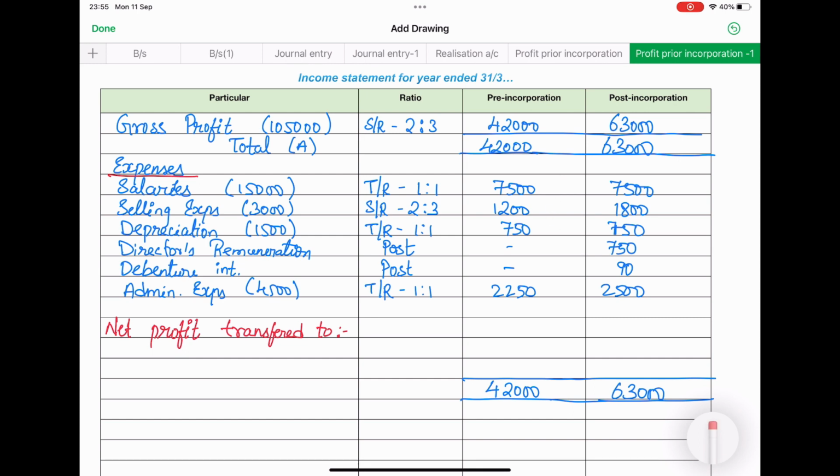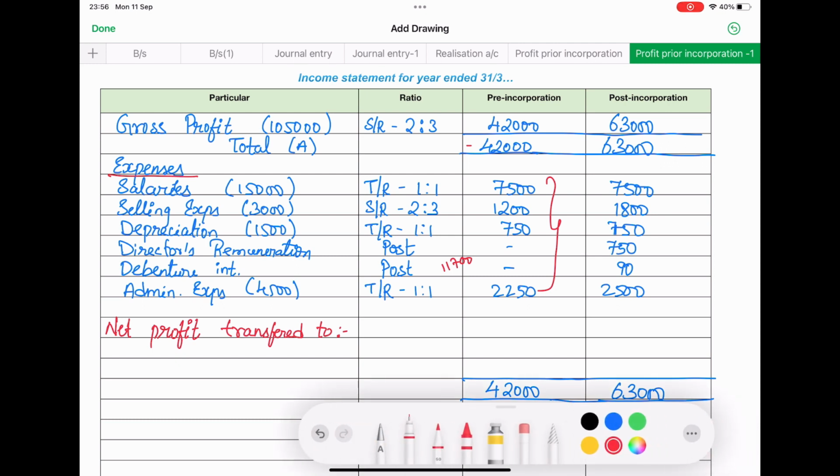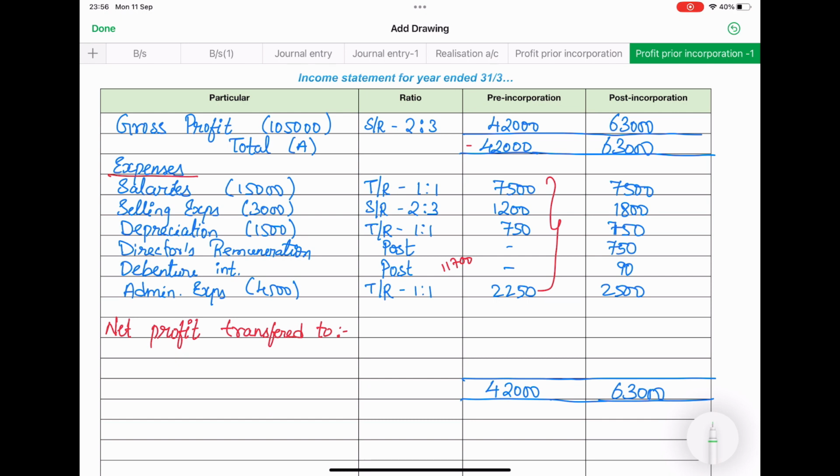So if you add all those things, 7,500 plus 1,200, 750 plus 2,250, total expenditures will be 11,700. So this is my total expenses. If I subtract it from 42,000, 42,000 minus 11,700, my profit will be, because my expenses are less, revenue is more, isn't it?